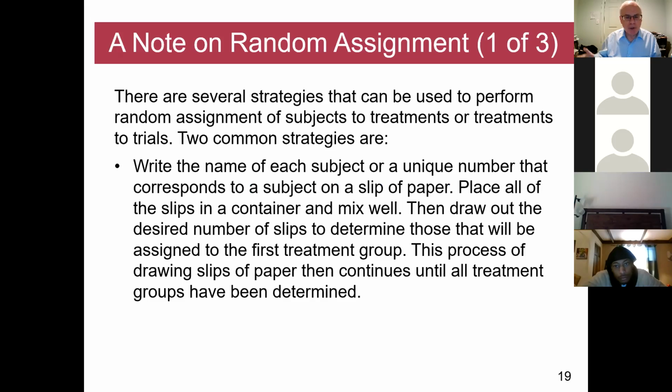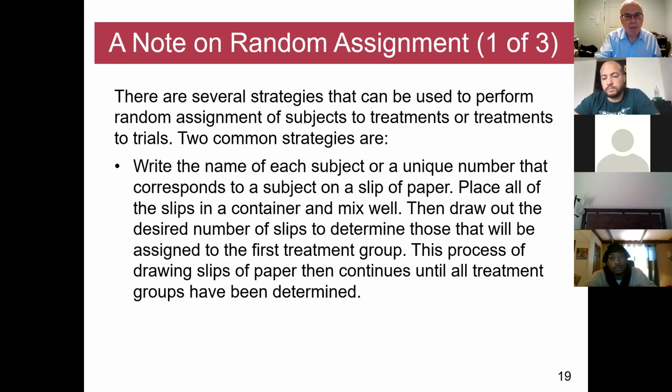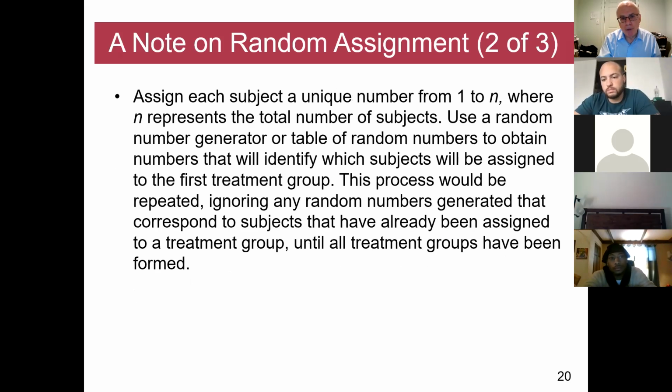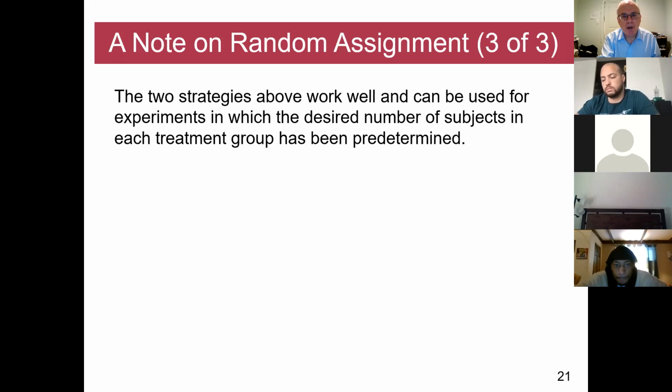And then everybody else goes into the other treatment group. Kind of makes sense, right? Something you would probably think of doing. Or you can use some sort of computer program where you again assign each person a number, and then the computer program will select those people to be in the first treatment group, and then everybody else will be in the second. So that's one way that you can do it.